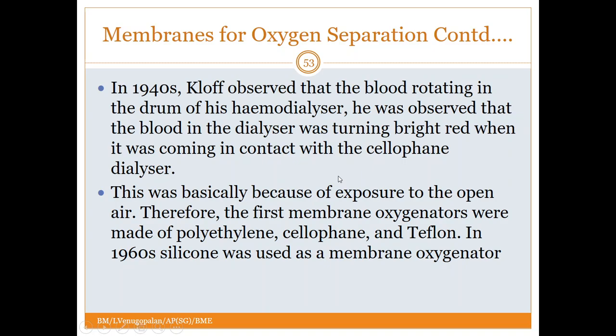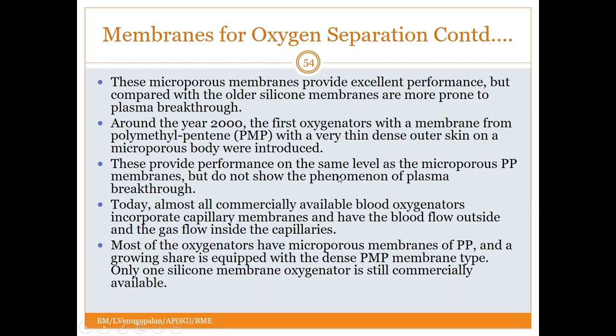So this gave birth to the idea of manufacturing membrane oxygenators, because that was improving the quality of blood that was getting into the patient's body. Earlier polyethylene, cellophane, and Teflon were used, and then later on, in the 1960s, silicone was also used as a membrane oxygenator. Silicone resulted in a microporous membrane, and they provided excellent performance.